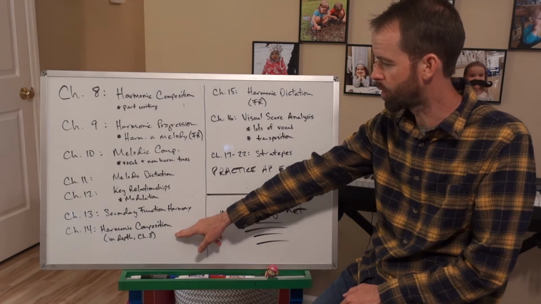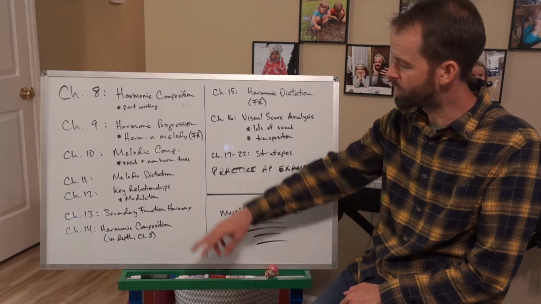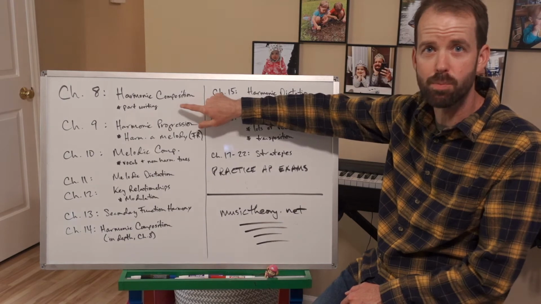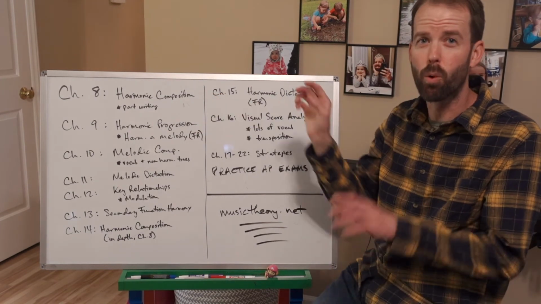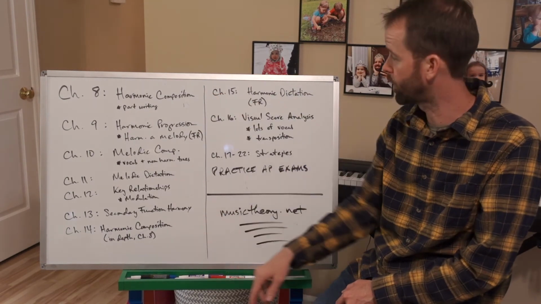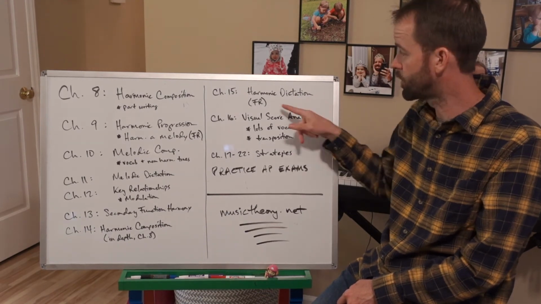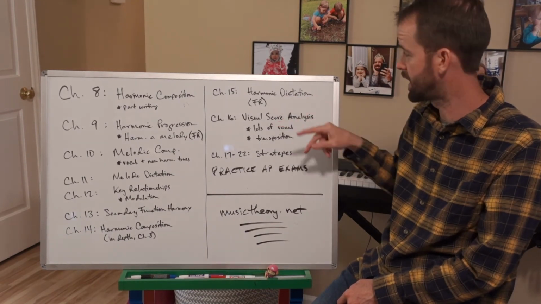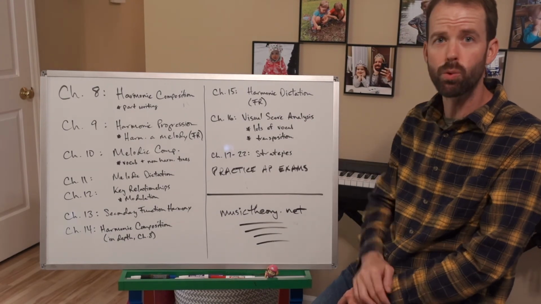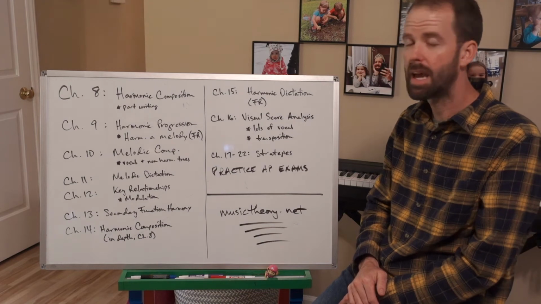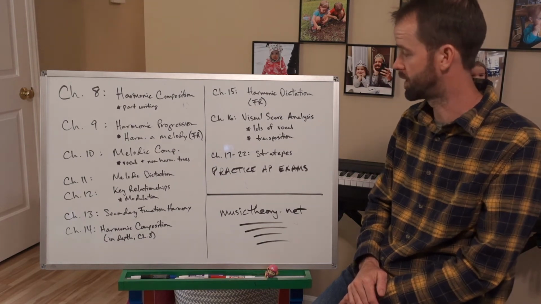Chapter 14, harmonic composition, which is really just an in-depth chapter 8. It's pretty much the exact same thing, just more in-depth, so we should be able to get through that fairly quickly. Chapter 15, harmonic dictation, which is a free response portion of the test. Chapter 16, visual score analysis, which is lots of vocabulary and covering transposition.